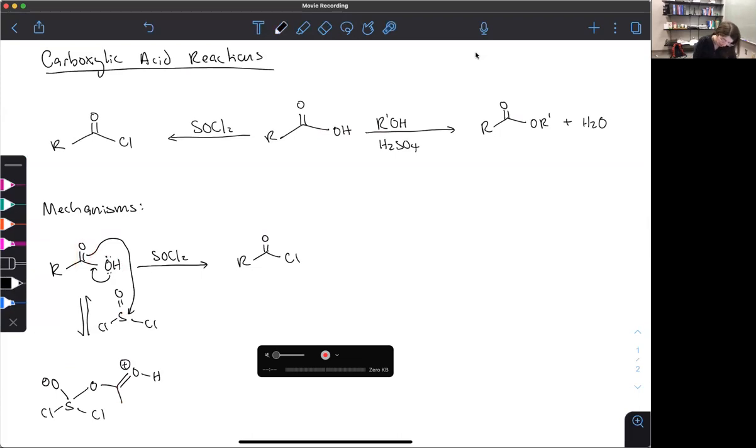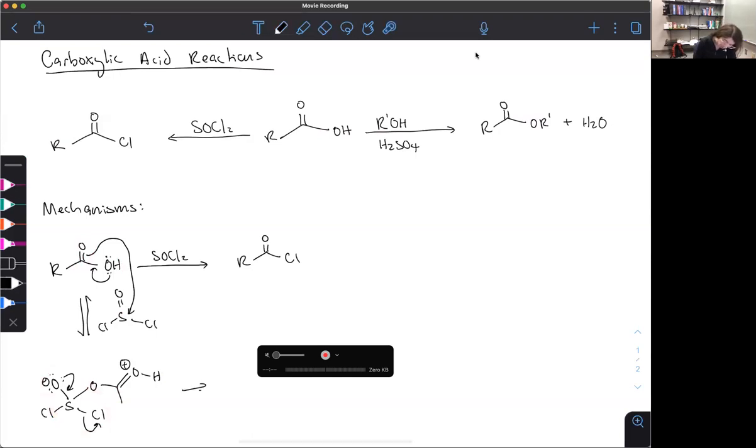So I can have my lone pairs come down and kick off one of my leaving groups, in this case chlorine. The reason I have the reversible arrow there is that you could imagine this being a pretty good leaving group as well. But this direction with the chlorine leaving is how we're actually going to move towards the product.